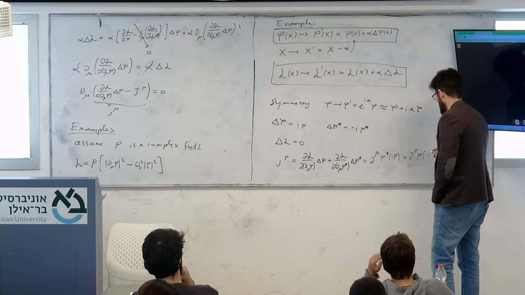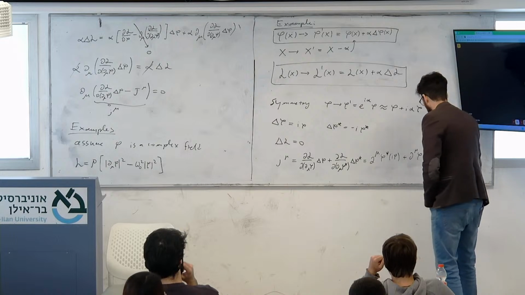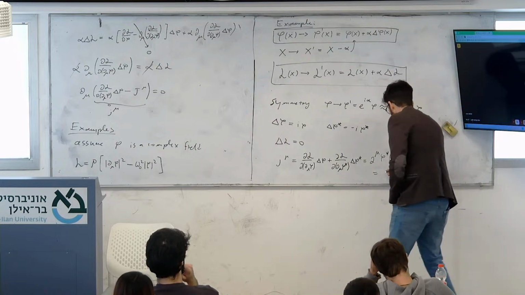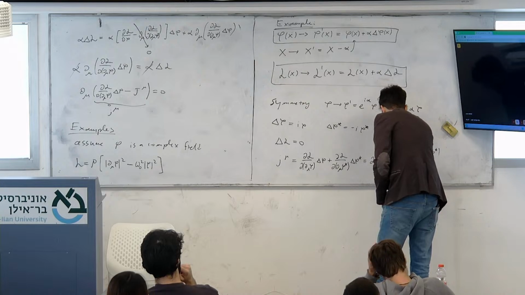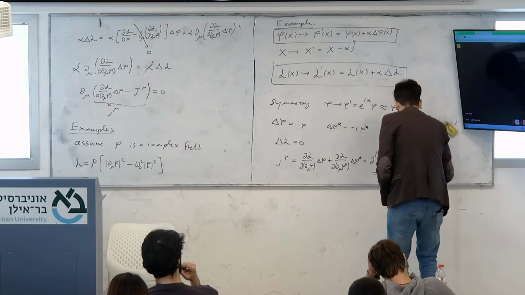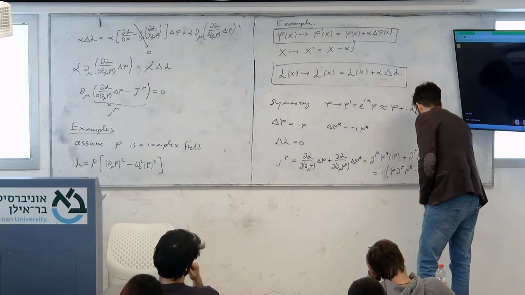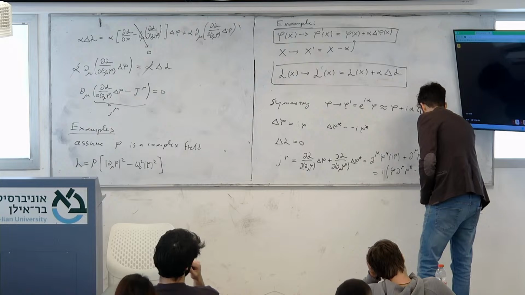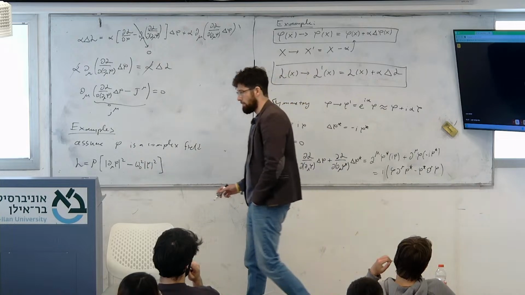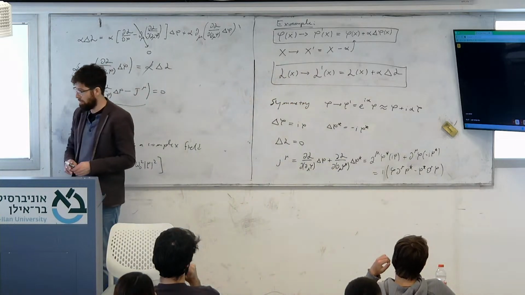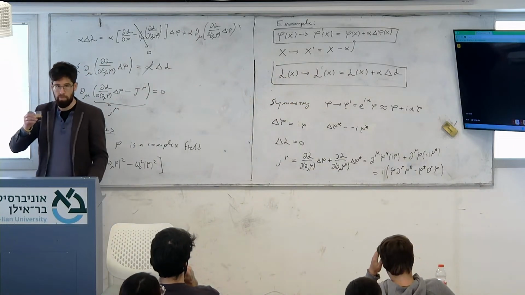This is minus I phi star. Or in other words, what I wrote here is just I times (phi d mu phi star minus phi star d mu phi), which is nothing but the probability current, right?